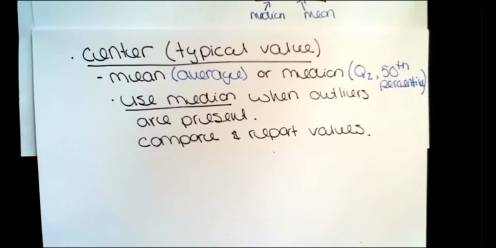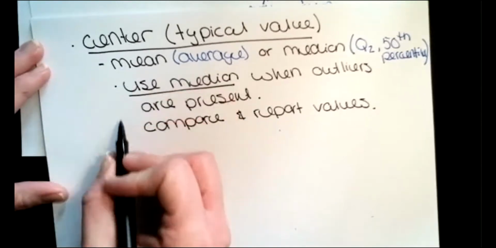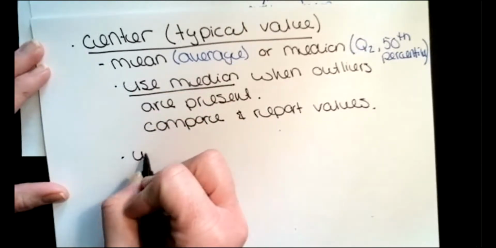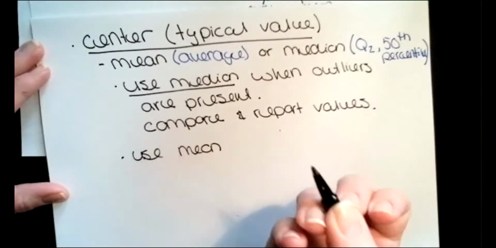Remember, we use the median because it's resistant to outliers, okay? And then I'll write that down here in a minute. And we're going to use the mean when we don't have outliers.